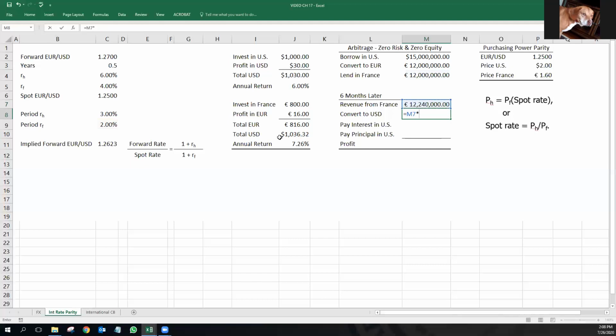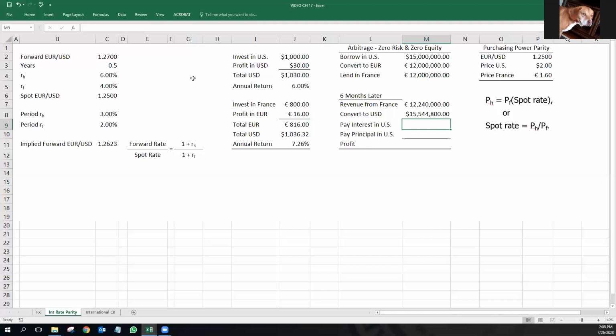We multiply by, now it's 6 months from now, so you get to use the forward contract rate. Doesn't matter what the rate is on the market, you have that contract. So you're going to end up with $50,544,800.